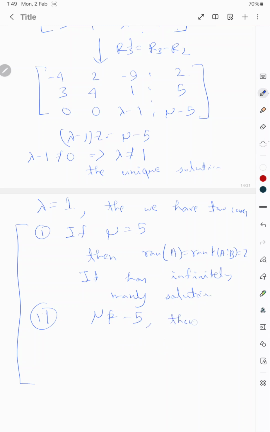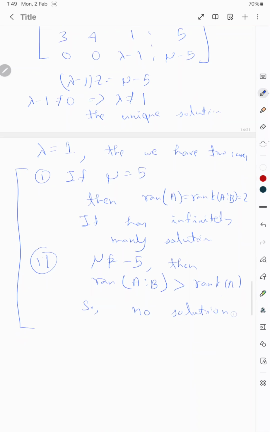Then the rank of the augmented matrix AV is actually greater than the rank of A. So no solution. Why? If you check, in that case the rank of A will be 2 and in this case the rank will be 3. That is not the consistency criterion. Okay, so this is no solution.